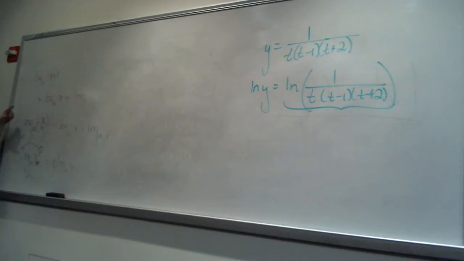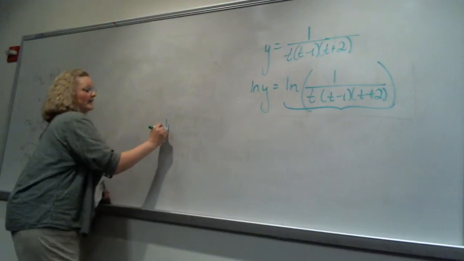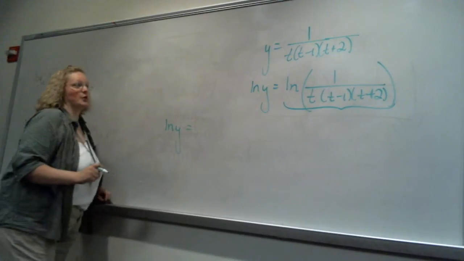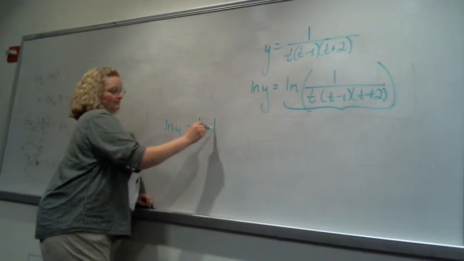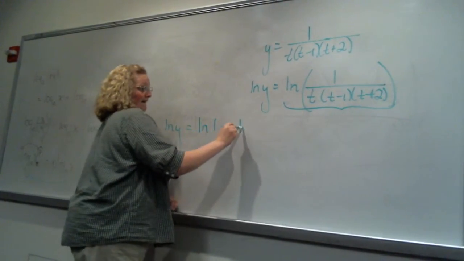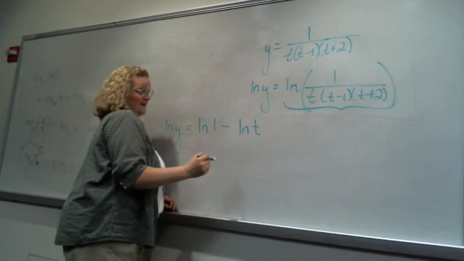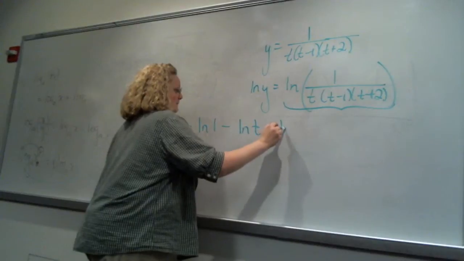I have the log of a nasty fraction and some products. So can I rewrite it further? Yes. ln of y is equal to what? ln of 1 minus ln of t. Okay, I'll do it.